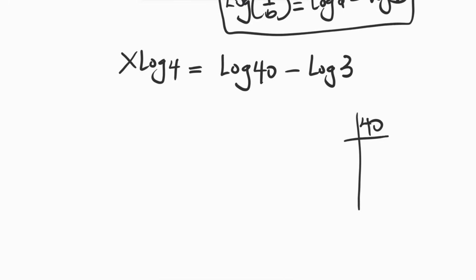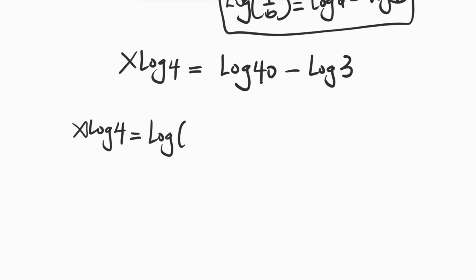What are the numbers that can multiply through to give us 40? 20, 10, 2, 5, 1. So we have 2 times 2, 4, times 2, 8, 8 times 5 will give us 40.